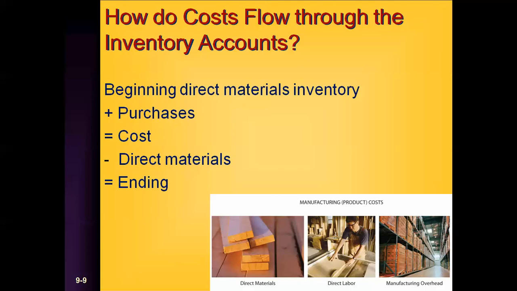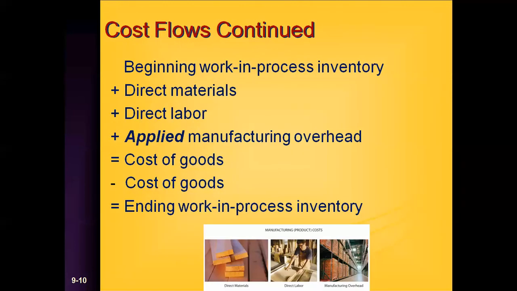If you move on then to the next inventory account, which is WIP or work in process, you would have a similar type of relationship going on. Again, you'd have your beginning balance of work in process inventory. That would be the costs associated with those products that have been started but not finished in the previous period.